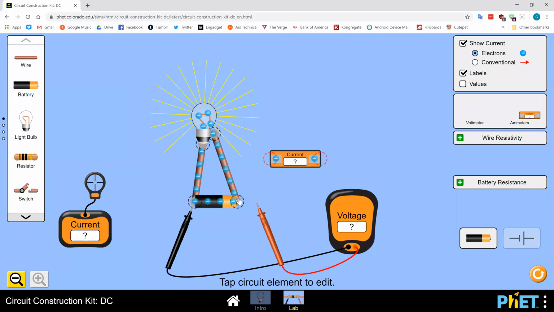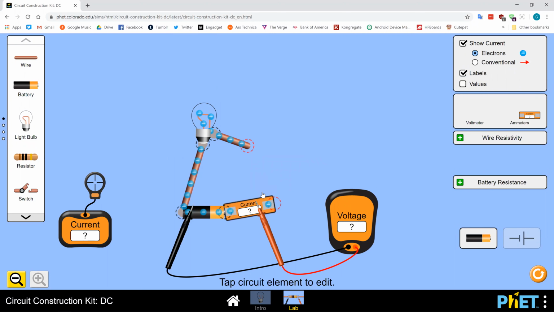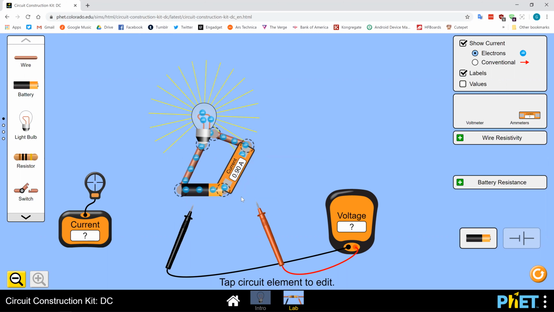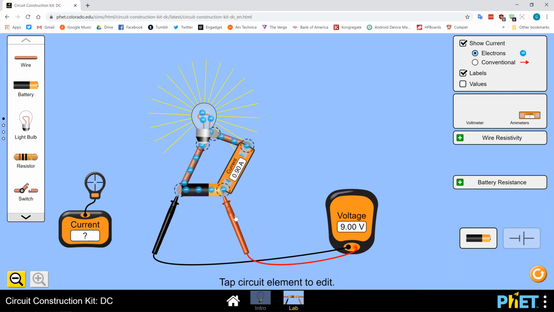So I'm going to move this guy out of the way and insert my ammeter somewhere in the circuit, and then I can measure the current that way. Again, I'm going to go ahead and keep this on the battery going forward. I'm going to go ahead and leave both of them on so you can see that you get the same number anytime I do anything here as I go through the experiment.